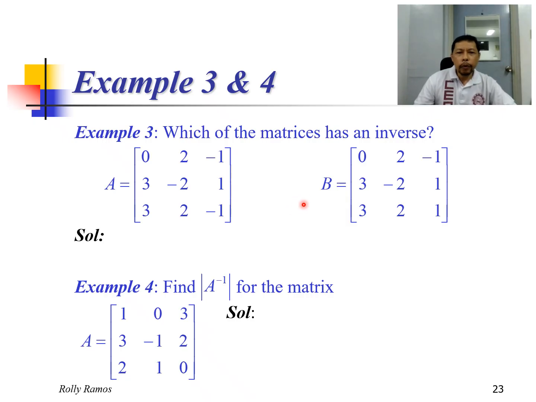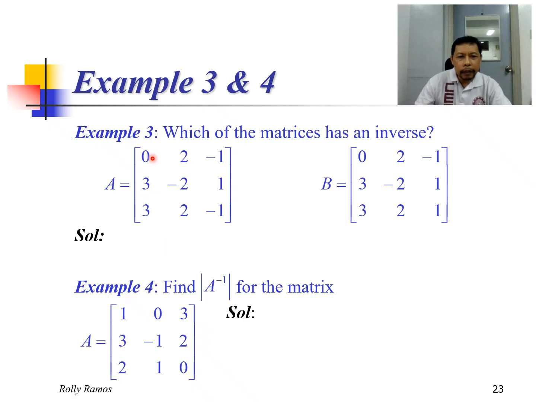Okay, so which of these two matrices has an inverse? So we learned from the previous slide that a matrix is invertible if its determinant is not equal to 0. So check whether the determinants of these matrices are 0. If it is 0, then it has no inverse.